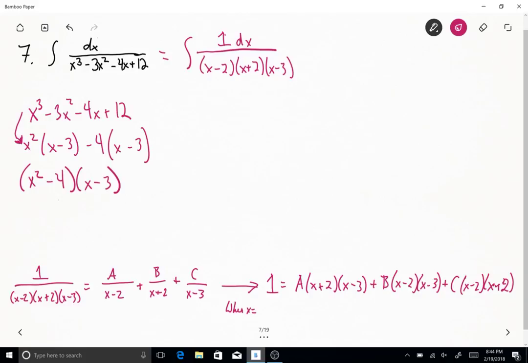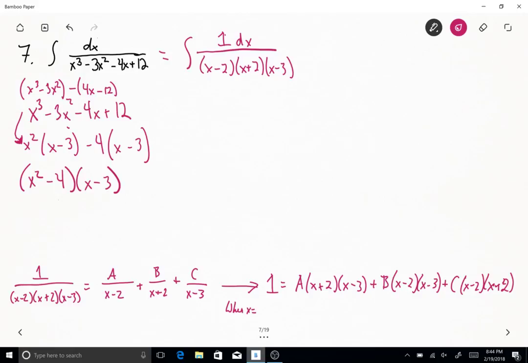We grouped the first two terms together, so we wrote it as x cubed minus 3x squared. Group those two, and then we go minus, but notice that changes this to 4x minus 12. That's all that happened. And then you can rewrite it in terms of the integral of a factored version, so x minus 2, x plus 2, x minus 3. So that's how you factor this cubic.